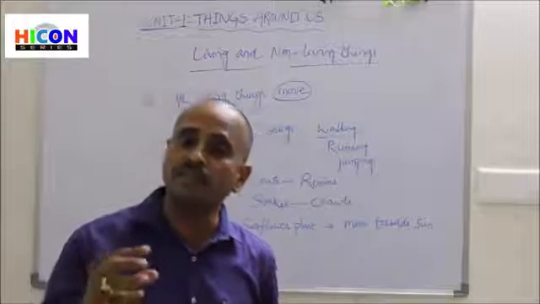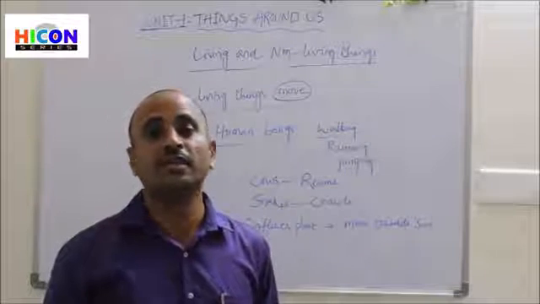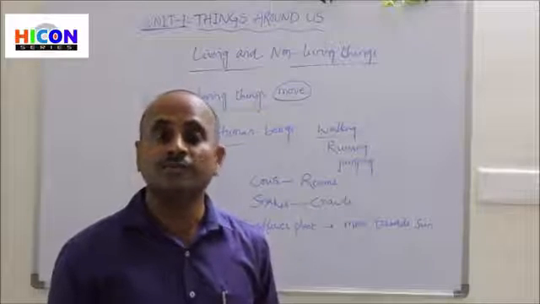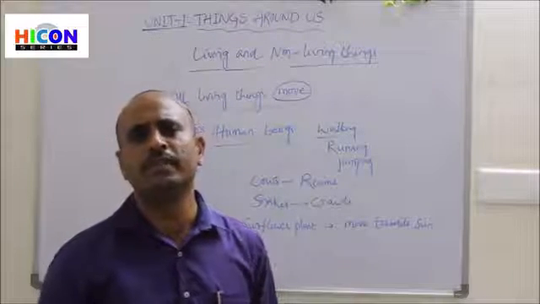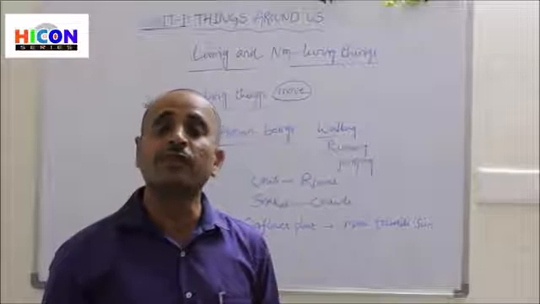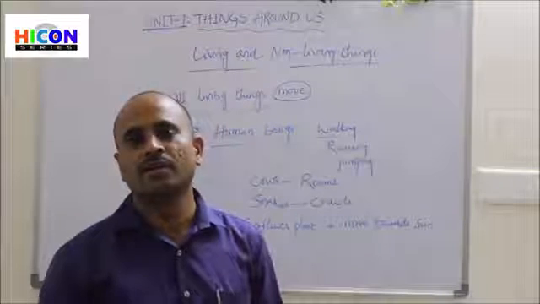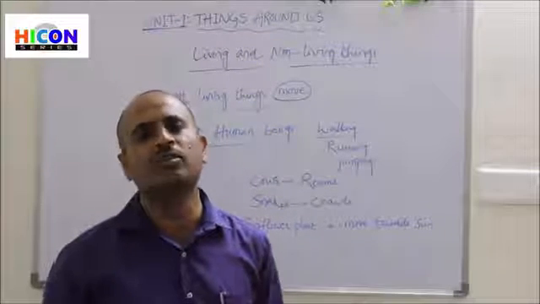All vehicles can also be considered as non-living things. Vehicles are moving, so we can think that vehicles are living things, but vehicles are non-living things, because vehicles will be moved only if we drive them. Without a driver, any vehicle cannot move.